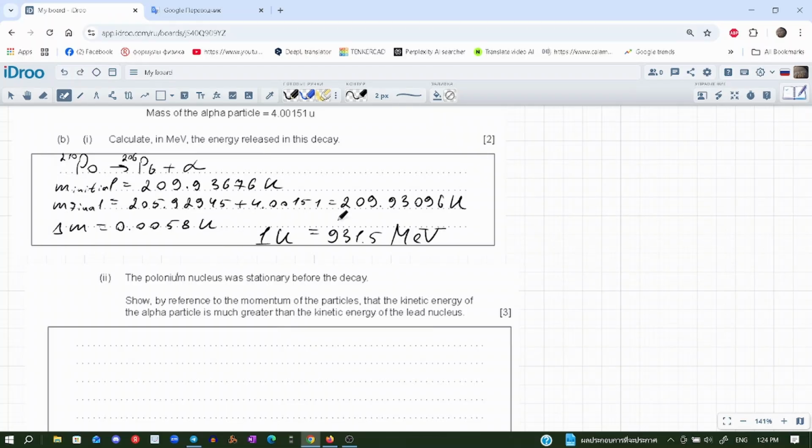So let's just multiply this number by this number, and we will get delta E equals 0.0058 times 931.5, which is approximately 5.4 mega electron volts.